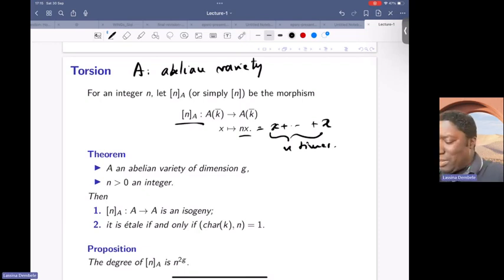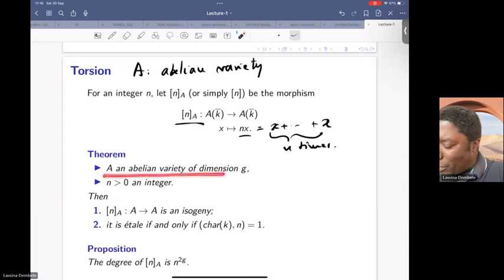And the theorem says the following. If you give yourself an abelian variety A, and you give an integer n, the multiplication by n is an isogeny, meaning that it's a map that is surjective with finite kernel.